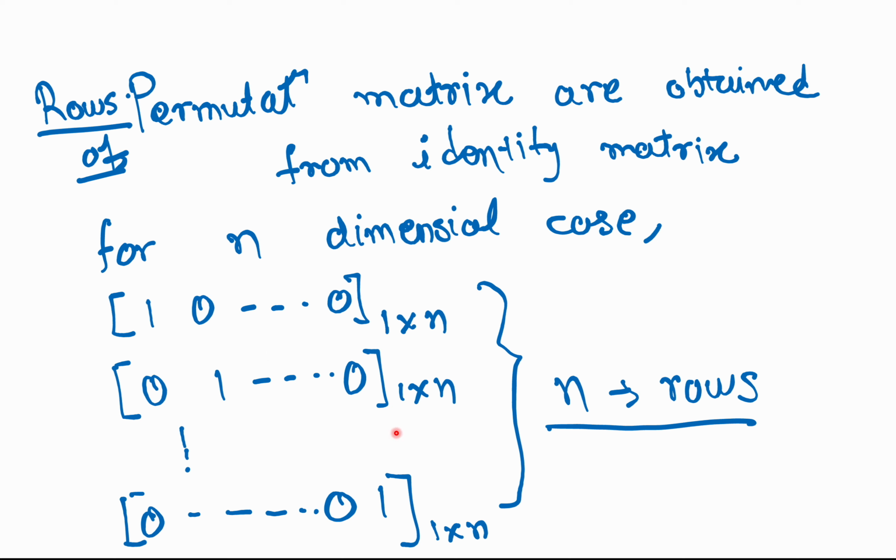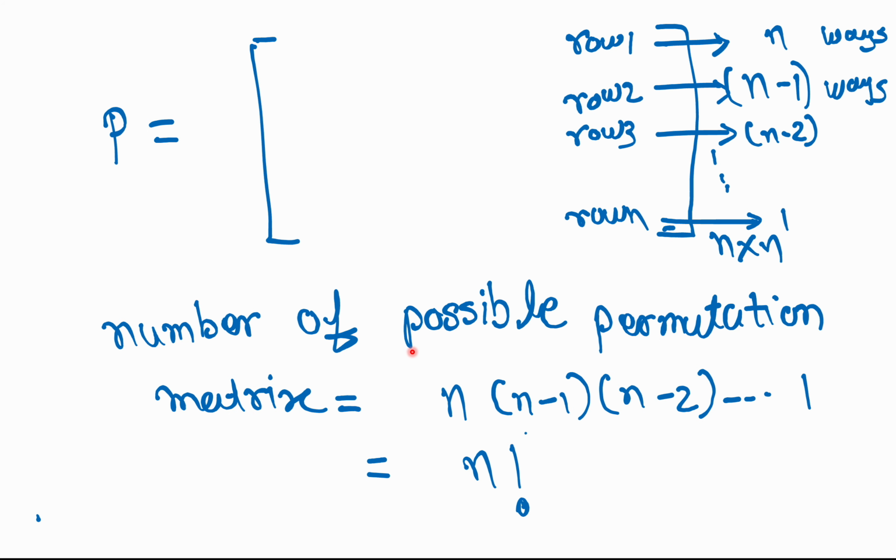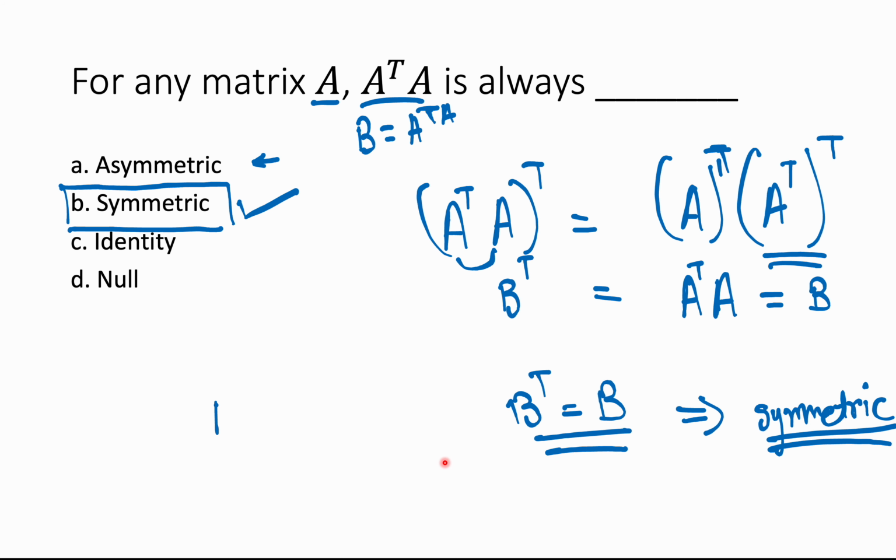If we are constructing any permutation matrix of size n by n, the first row can be filled in n ways, the second row in n minus 1 ways, and so on. So the number of possible permutation matrices will be n times n minus 1 times n minus 2 and so on till 1, and that is nothing but n factorial. So n factorial was the answer for that question.